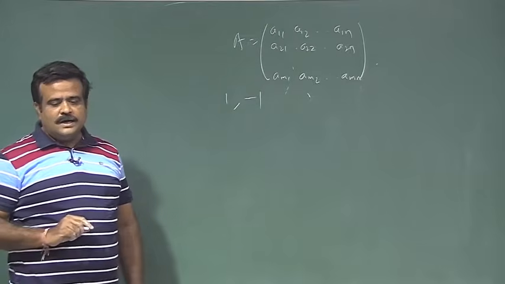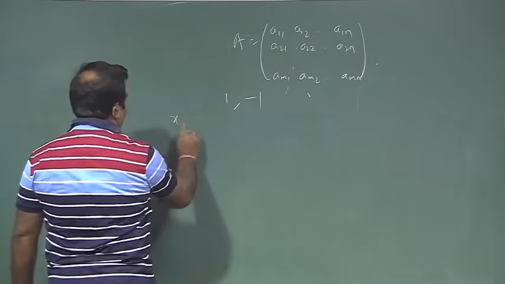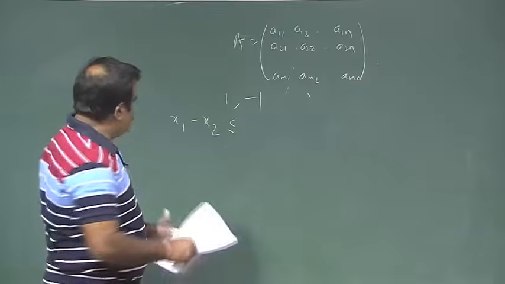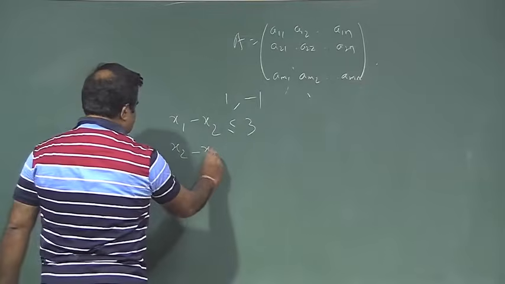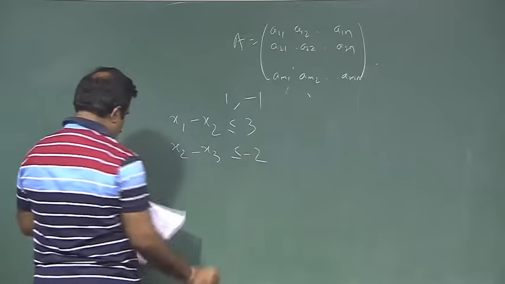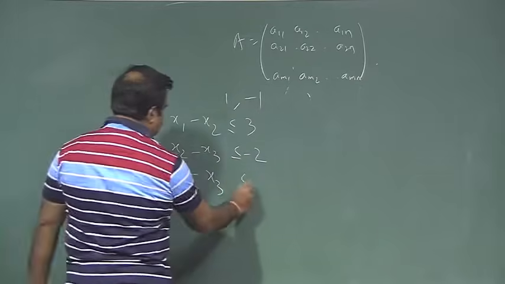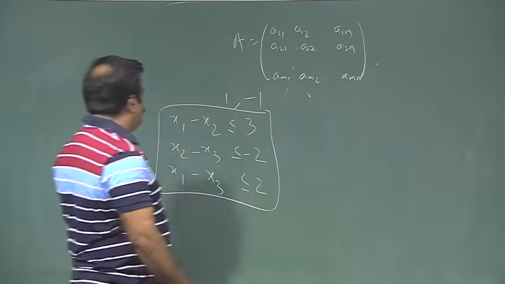So it will be like this: x1 minus x2 is less than or equal to 3, then x2 minus x3 is less than or equal to minus 2, then x1 minus x3 is less than or equal to 2. What is the corresponding matrix?